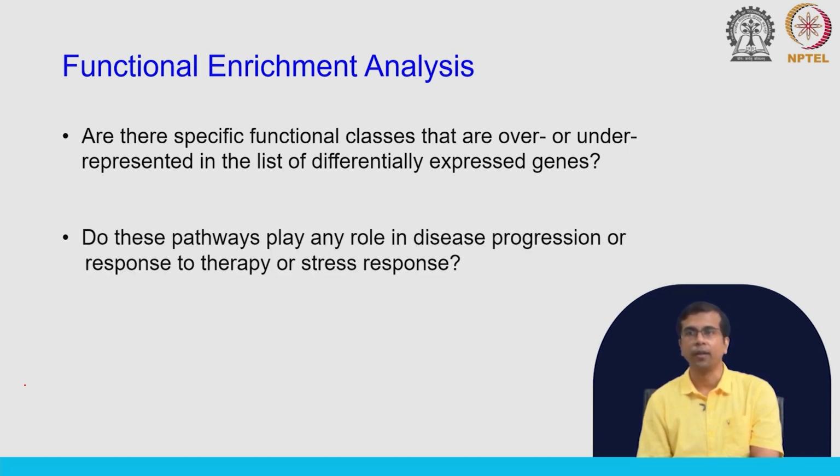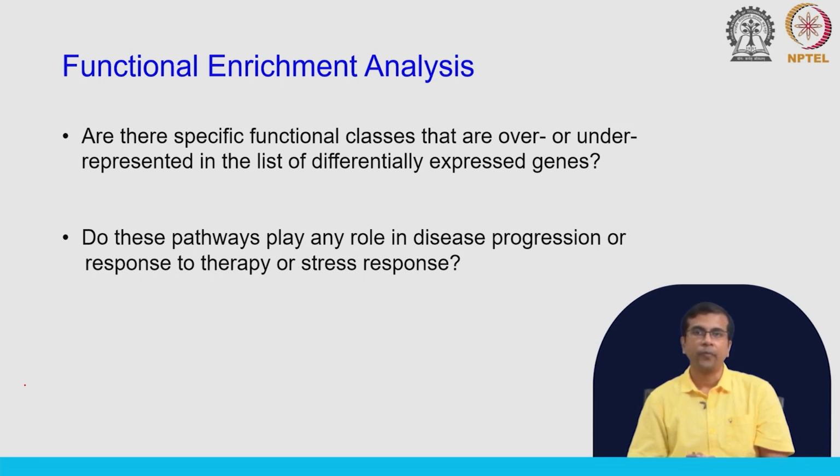As I mentioned, the ultimate goal is to understand whether these pathways play any role in disease progression if we are doing a disease versus healthy sample comparison, or whether they have any role in response to therapy. For many diseases some therapy does not work, and in that case we want to know which pathways are responsible for this therapy resistance.